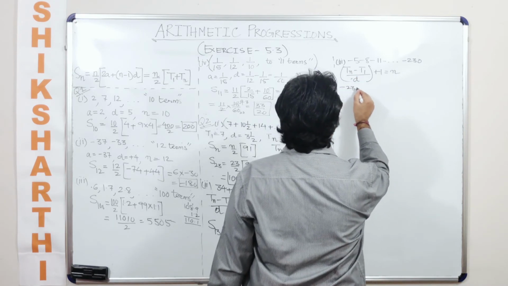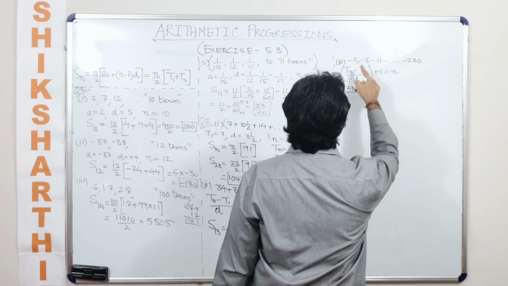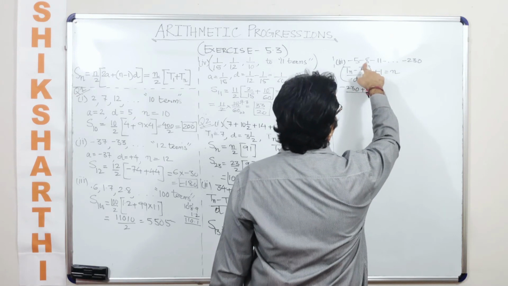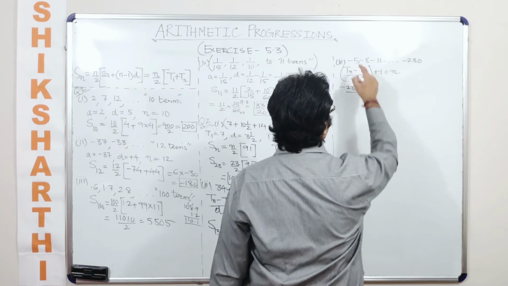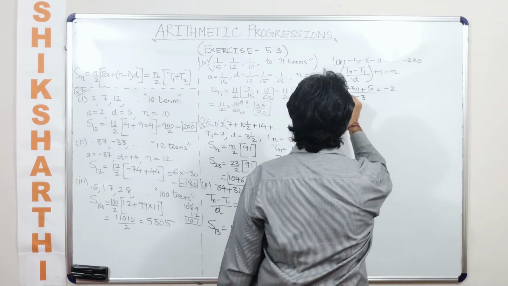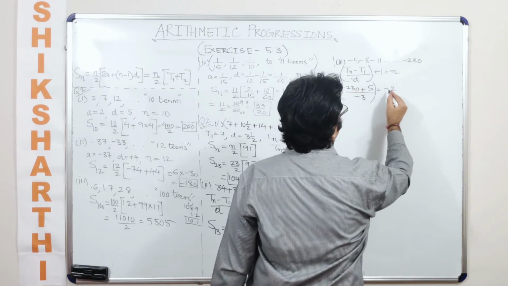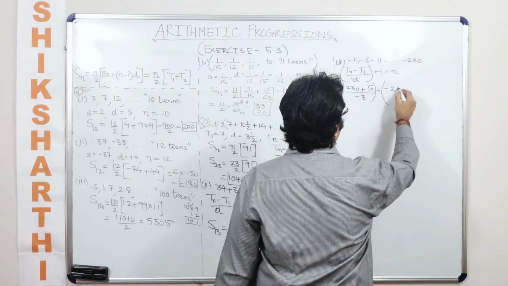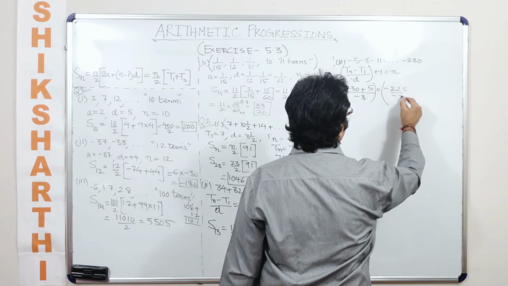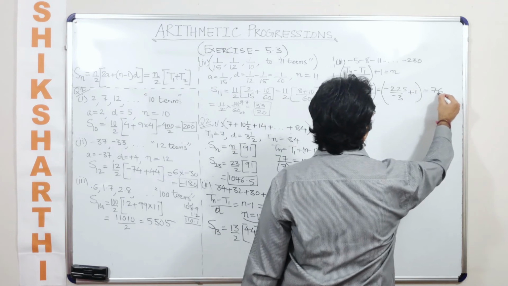Minus 230 minus of minus 5, which becomes plus 5, divided by D. How much is D here? Minus 8 minus of minus 5, which comes out to be minus 3. And you had to add another 1 to the result. So can I say minus 225 divided by minus 3, and 1 added to this should give me 76 terms.